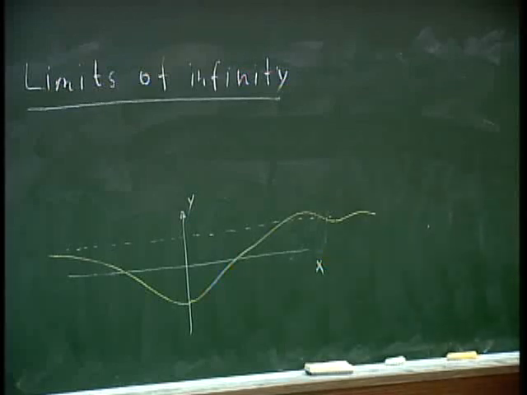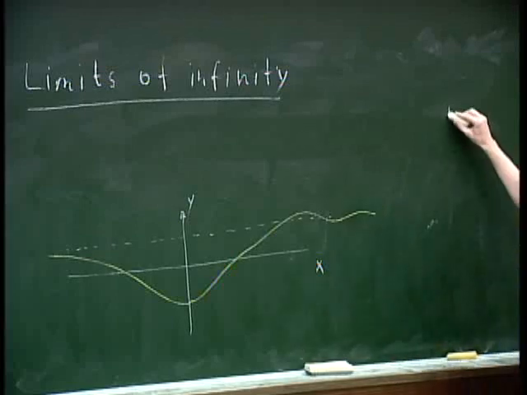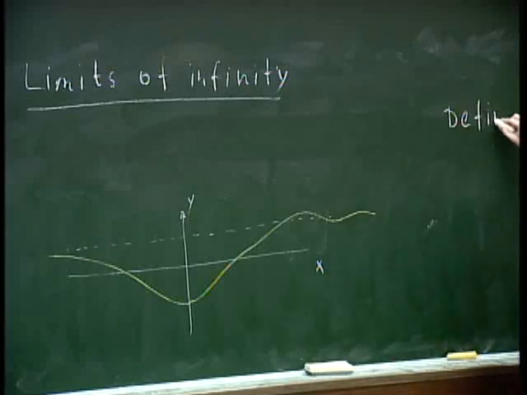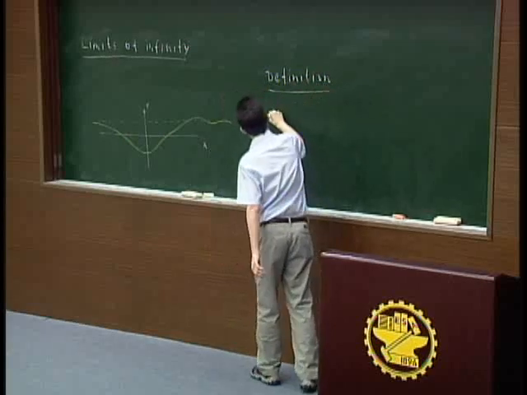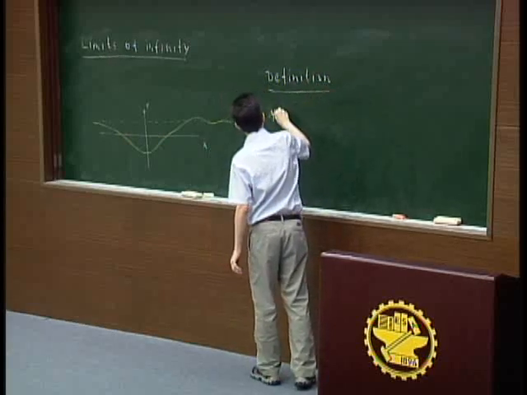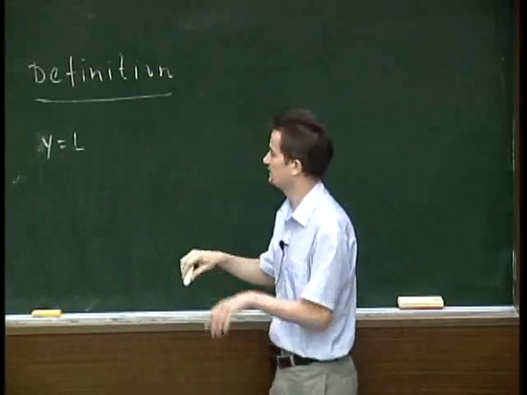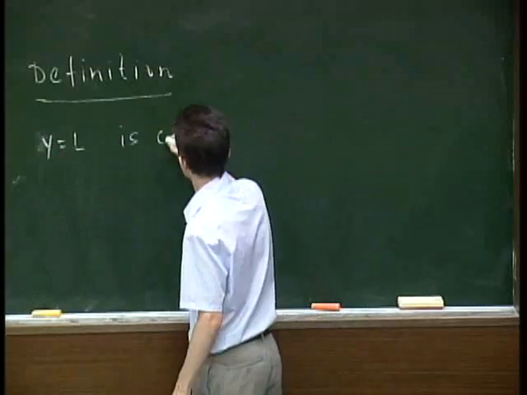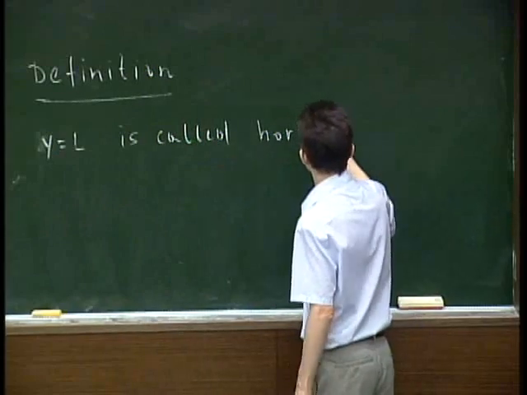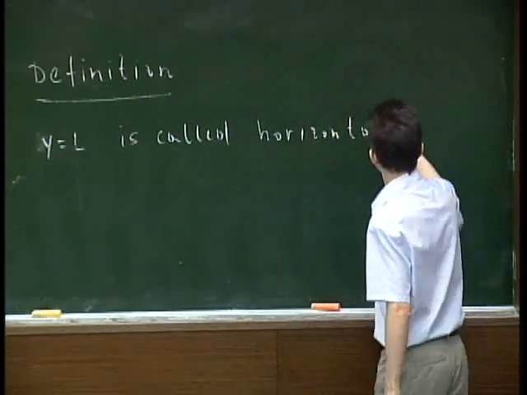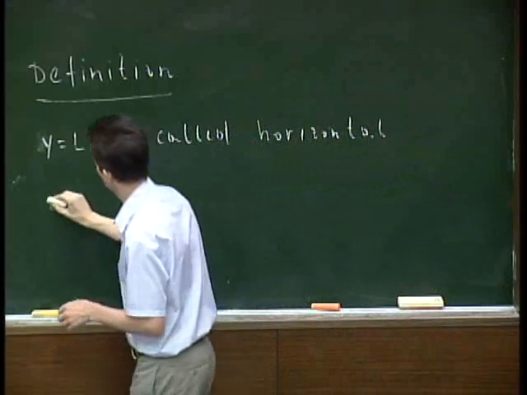It's not true for a horizontal asymptote. So maybe just to recall this definition: a line y equal to some constant, a horizontal line, is called a horizontal asymptote.